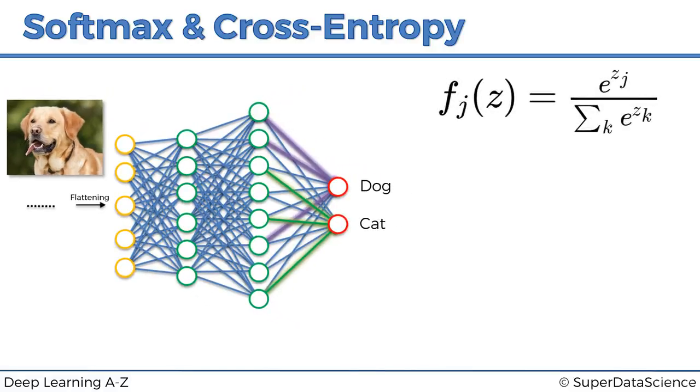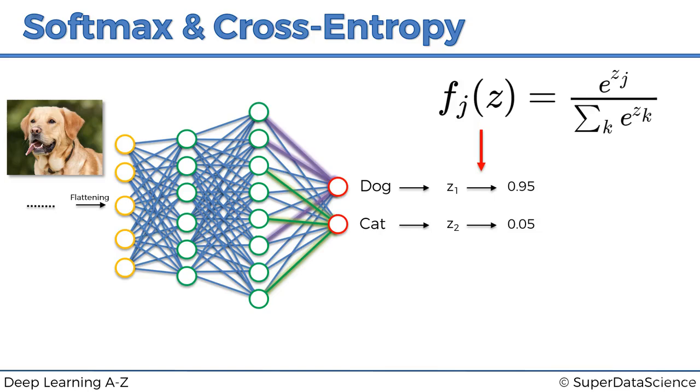Normally, the dog and the cat neurons would have any kind of real values. They don't have to add up to 1. But then we would apply the softmax function, which is written up there at the top, and that would bring these values to be between 0 and 1, and make them add up to 1.